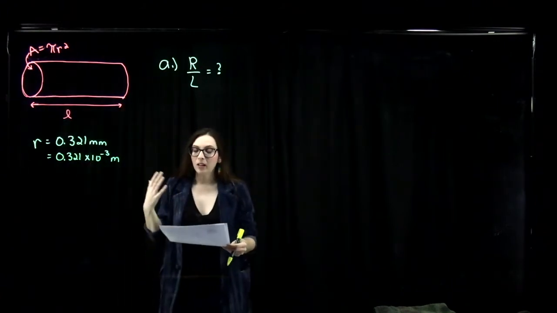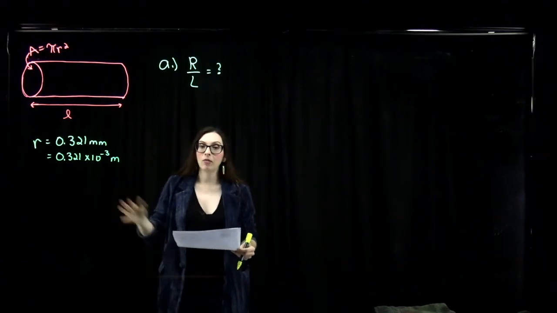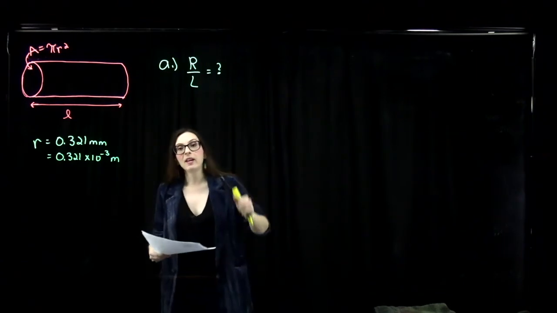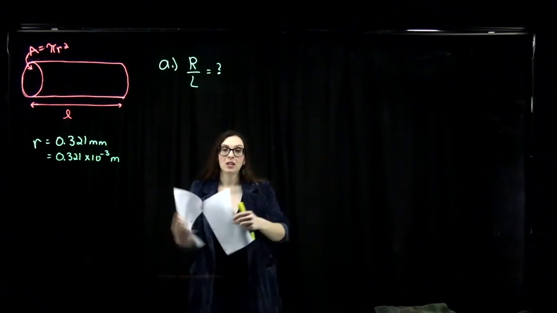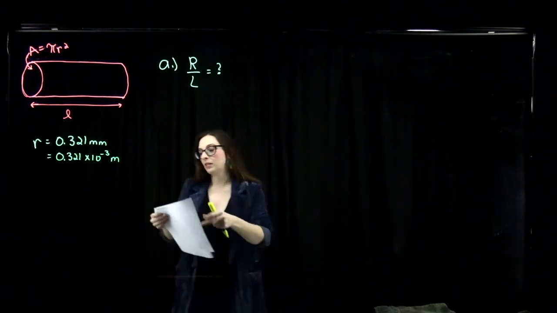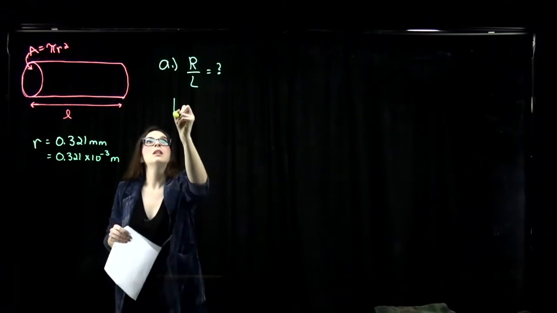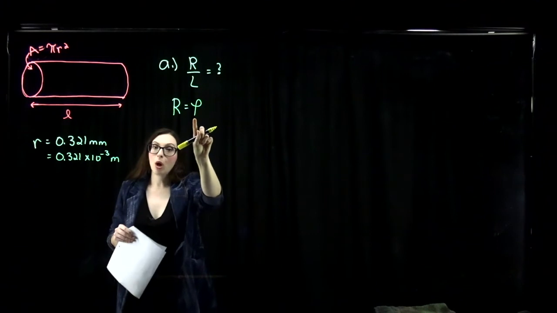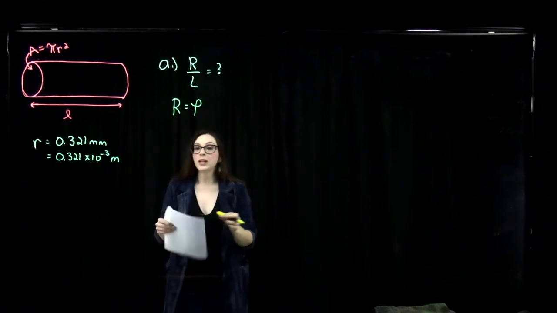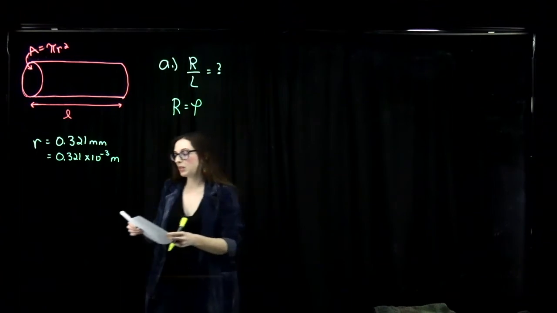To find the resistance per unit length of this wire, we have to go to our equation for resistance. The equation for resistance says that the resistance is equal to rho, but in this case, this rho represents the resistivity of the material.